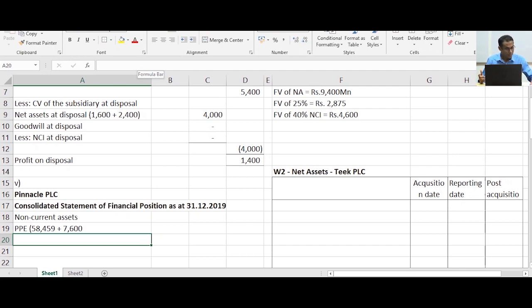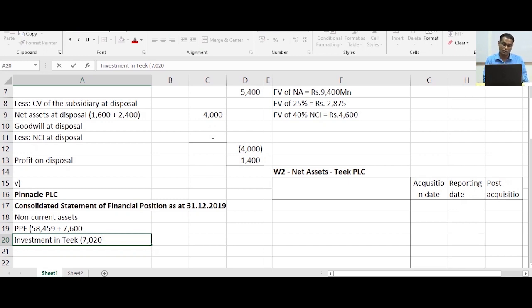Then you have the investment in Teak PLC. How much is the value? 7,020. Teak PLC doesn't have any investments; only Pinnacle has the investment made in the subsidiary.